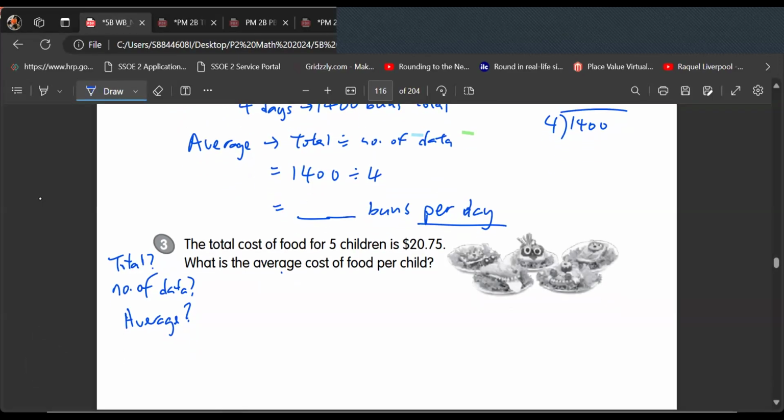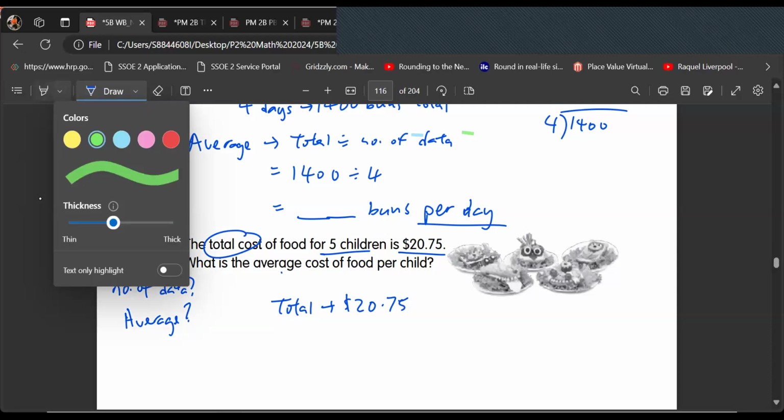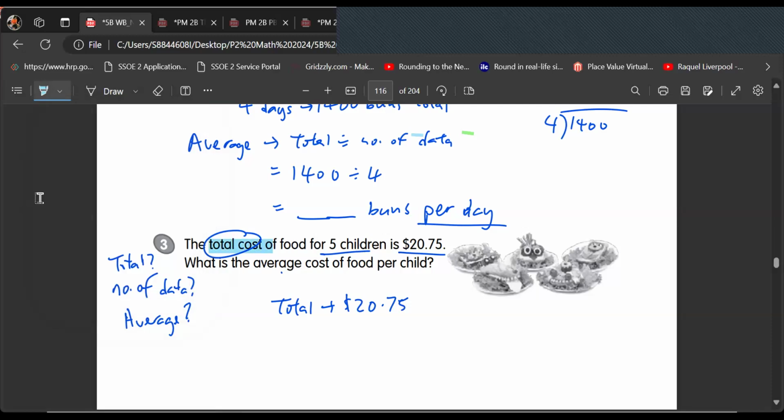So we have 5 children, $20.75. And this is the total. So total is provided. And then what is 5? 5 is the number of data. So if I highlight correctly already, I have the total provided, this is the total.